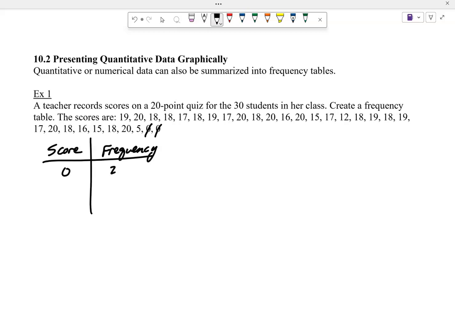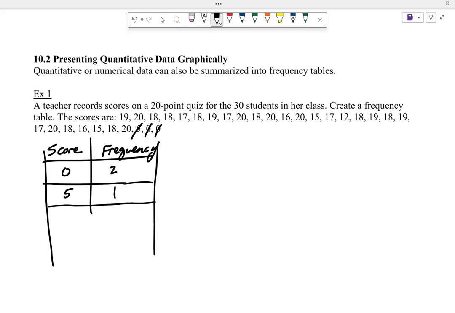I think those are our only 2 right there. The next highest looks like it's a 5, right next to it there. I wish this was in order, but it's not. So 5. There's one person that scored a 5. The next is a 12. And there's just one person that scored a 12.